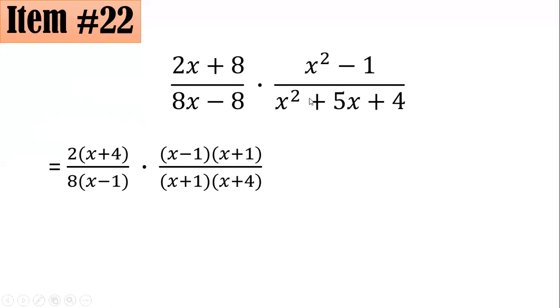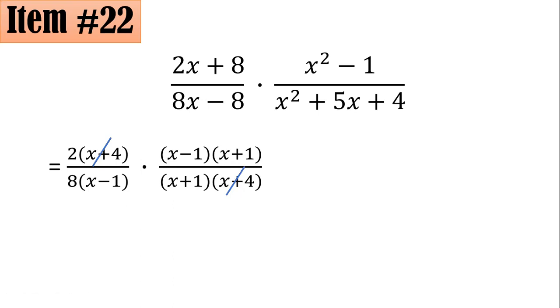And the denominator x² + 5x + 4 is factorable as (x + 1)(x + 4). Now we can see that there are like factors in both numerator and denominator. For example, the x + 4 here, you have x + 4 in the other fraction, so you could divide them.